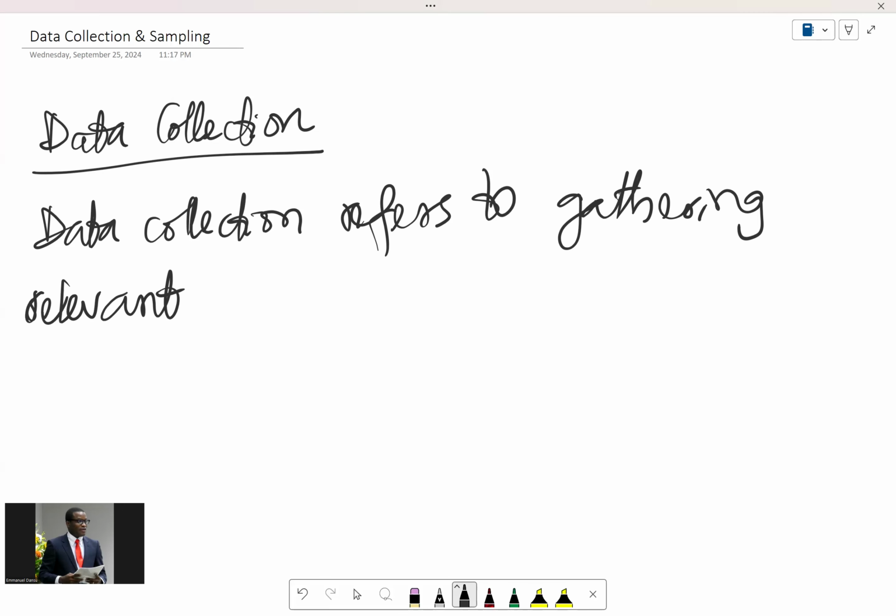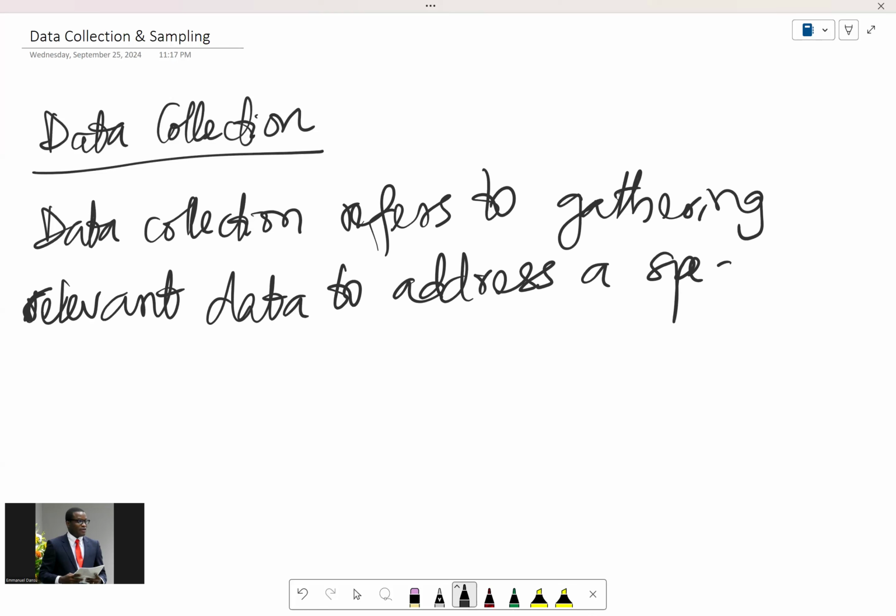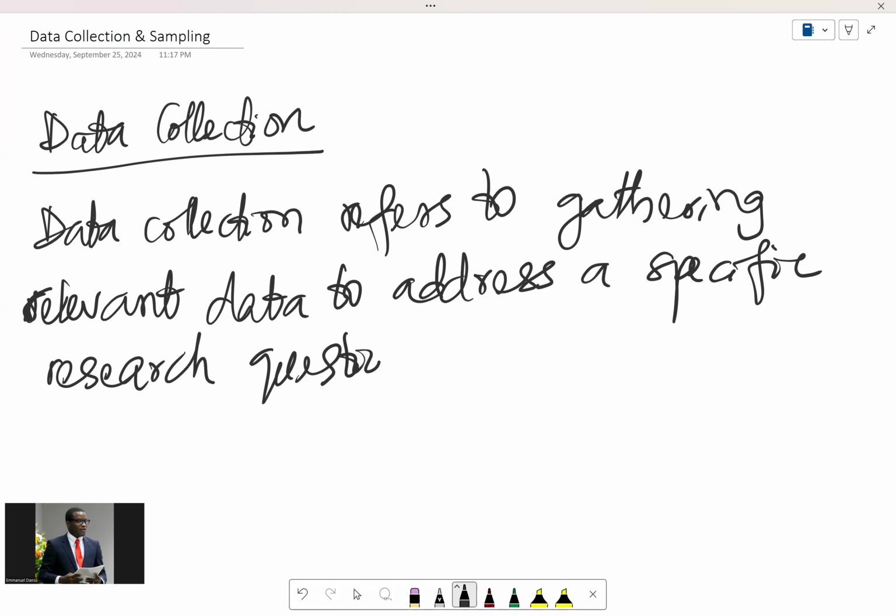So data collection refers to gathering relevant data to address a specific research question. So it means you need to have your research question already so you can know the kind of data you need. So relevant data to address a specific research question or hypothesis.